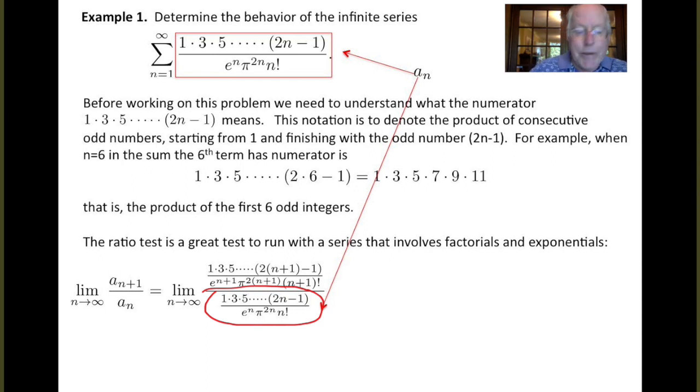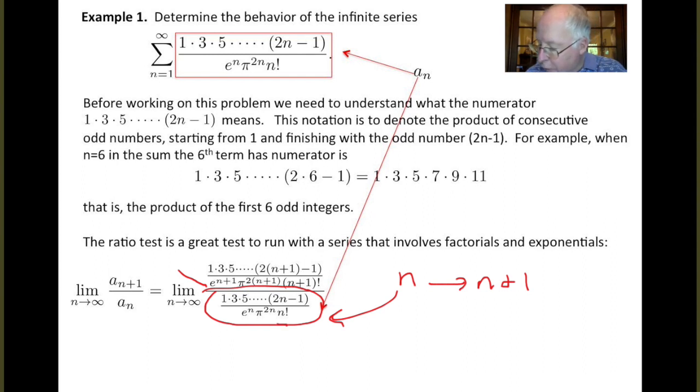Now, to get a sub n plus 1, you replace every n down here with n plus 1 in the top. So instead of e to the n, we have e to the n plus 1. Instead of pi to the 2n, we have pi to the power 2 times n plus 1.